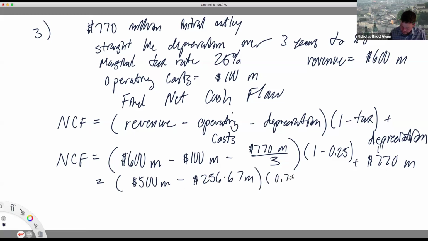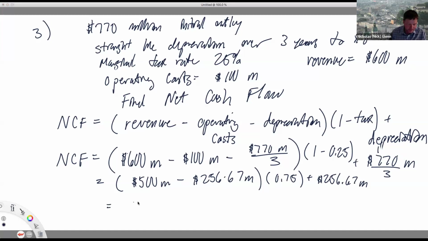Multiply this by 0.75, and then also add in 256.67 million.